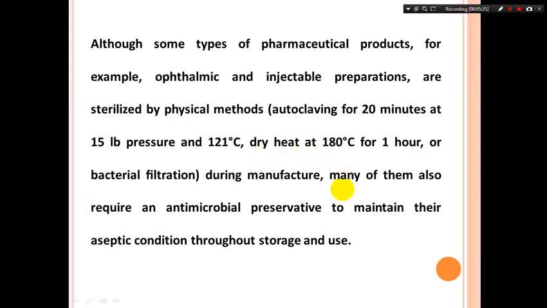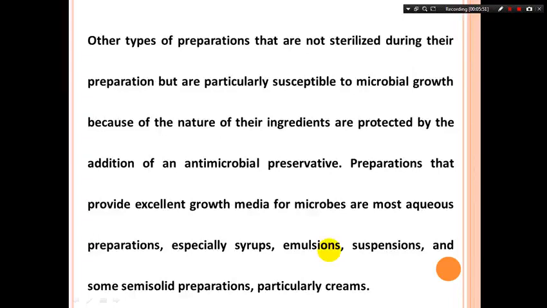Other formulations require antimicrobial preservation to be stabilized throughout storage and use. Other types of preparations that are not sterilized either by autoclaving or dry heat should be protected by the addition of antimicrobial preservatives.